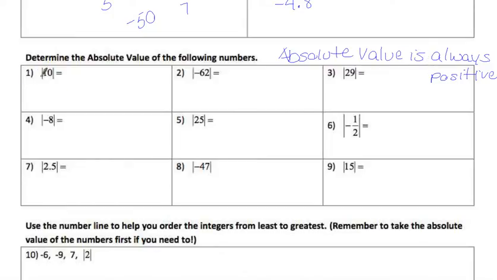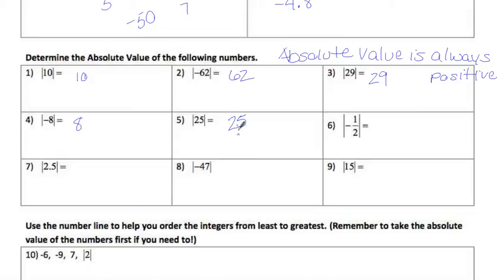So the absolute value of 10 is going to be 10 because 10 is 10 spaces away from 0 on a number line. The absolute value of negative 62 is going to be positive 62. The absolute value of 29 will be 29. It's 29 spaces away. The absolute value of negative 8 is going to be 8. The absolute value of 25 is going to be 25.